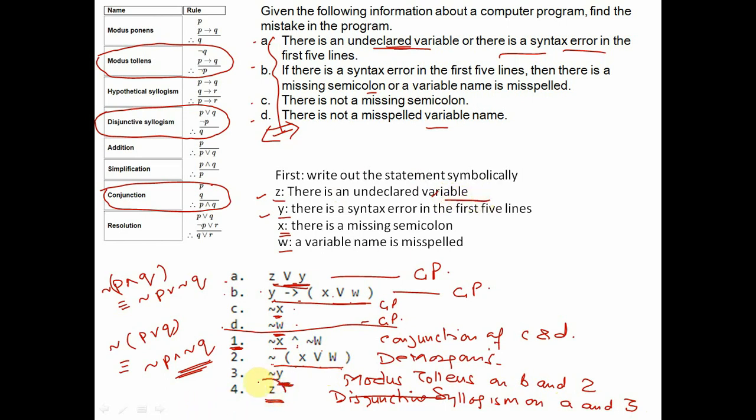So we did not have any conclusion here to verify, but we have identified the conclusion. We have identified the error in the program. Now we can say that our program is not running because there is an undeclared variable.